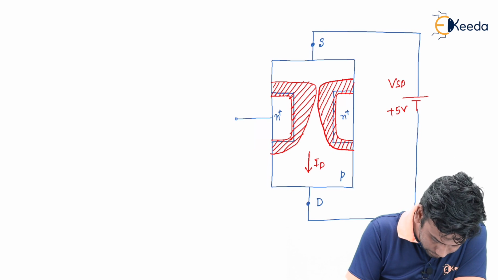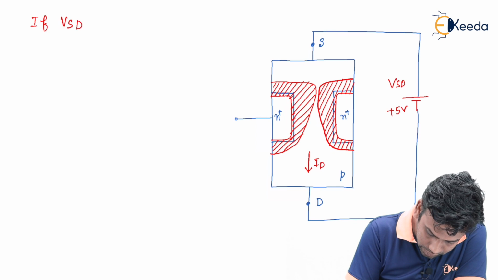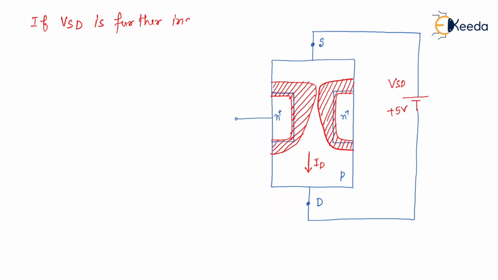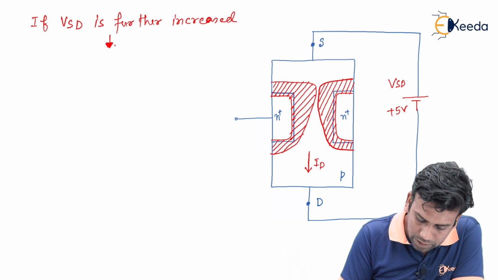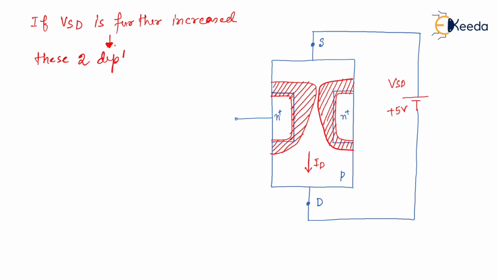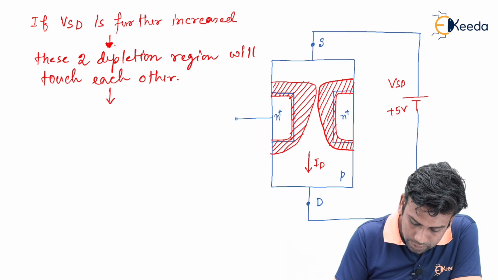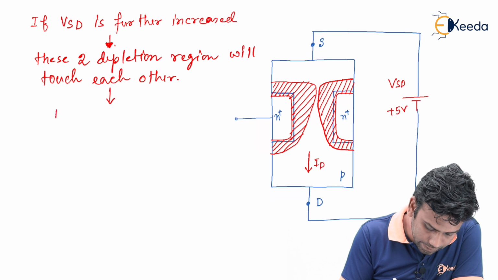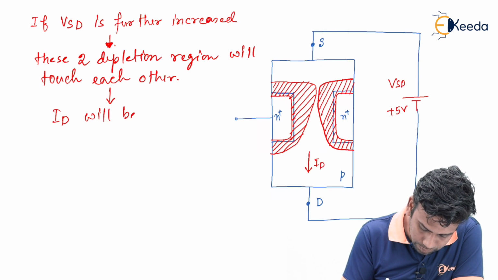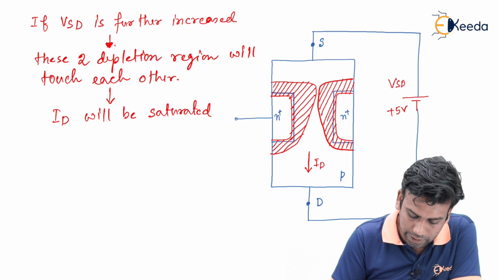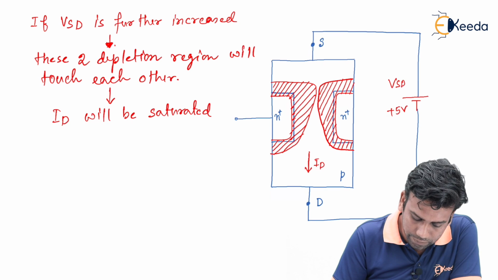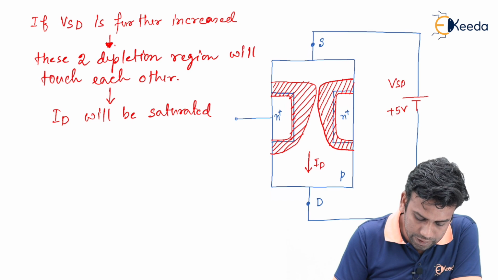So, now if the VSD is further increased, then a voltage situation will appear when these two depletion regions will touch each other, and when these two depletion regions touch each other, then the ID current will be saturated, because the channel opening or the cross section of the channel is decreased due to this touch of depletion regions.